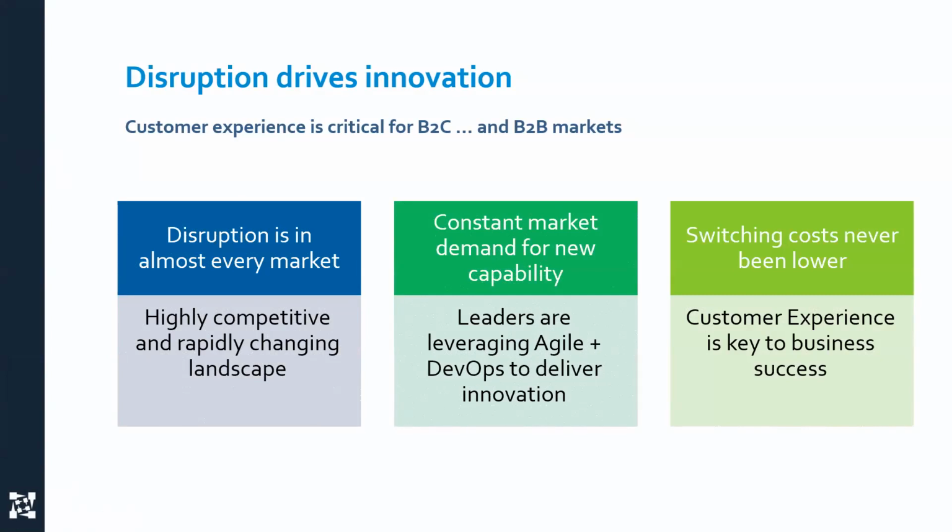Firstly, disruption is in absolutely every market today. Look at the transition to online shopping. That's an obvious one. Amazon established that market, but the transition to online taxiing systems like Uber, for example, has also disrupted the taxi industry.